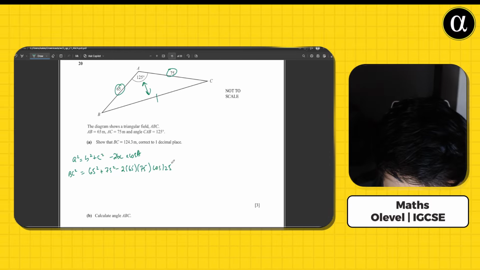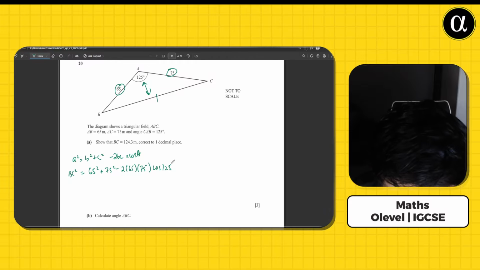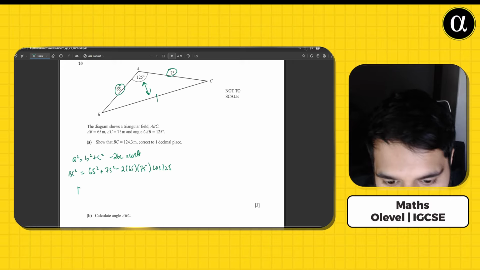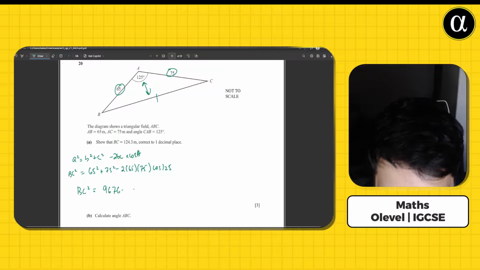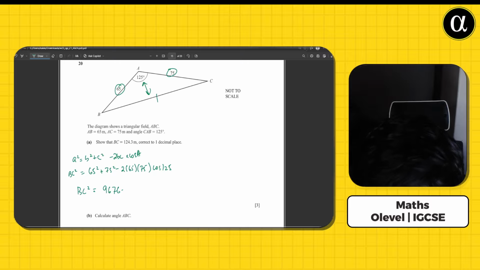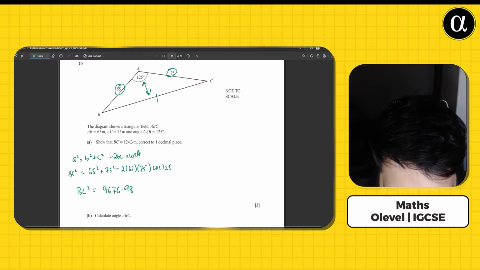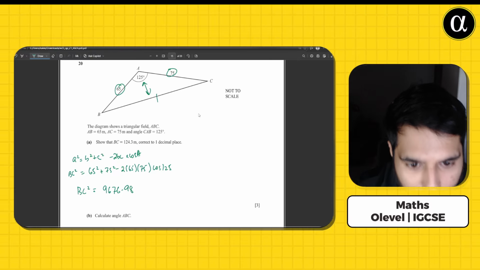Let me see, 65 square plus 75 square minus 2 into 65 into 75 into cos of 125. That gives us 9676.98. And when we take the square root of this, the answer would be, no, there seems to be some issue.